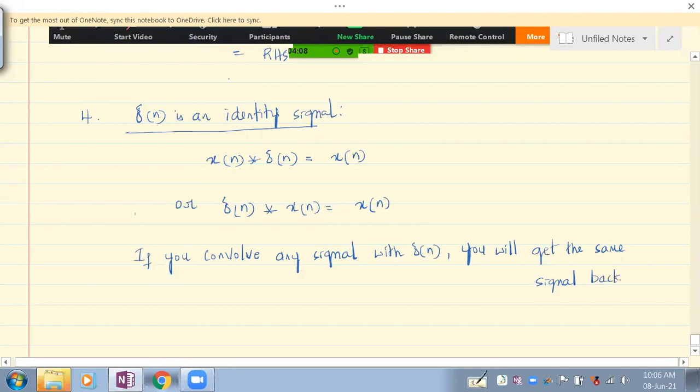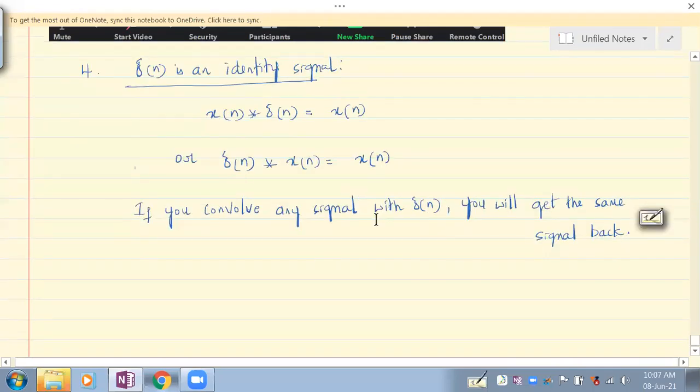So this is another property of the convolution sum wherein delta of n is coming into the picture. Convolve any signal x of n with delta of n, you will get back the same. So in that way, this delta of n is the identity sequence. Whether you do x of n convolution delta of n or delta of n convolution x of n, it does not matter. Convolving with delta of n will give you the same signal as the output of that convolution sum. Fine. This is the fourth property of convolution.